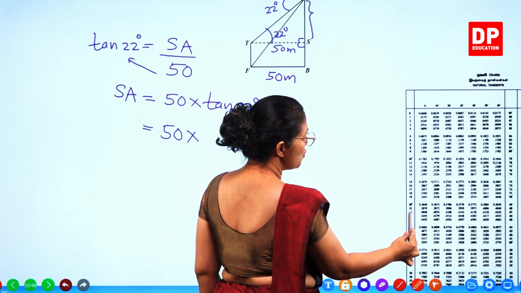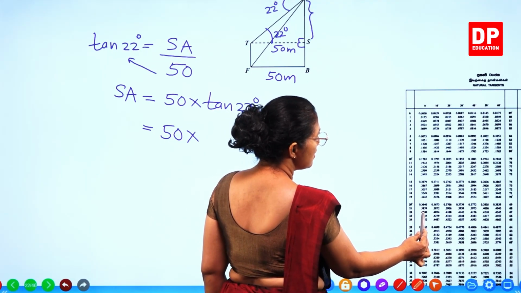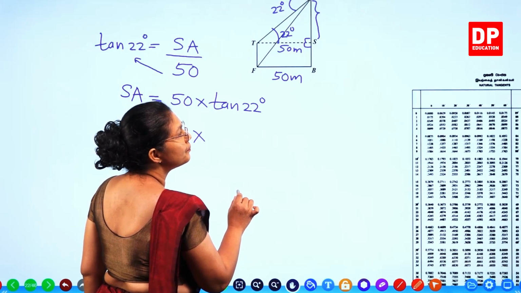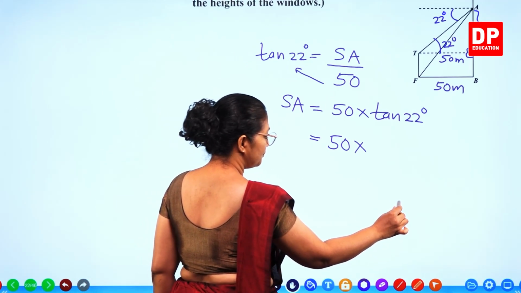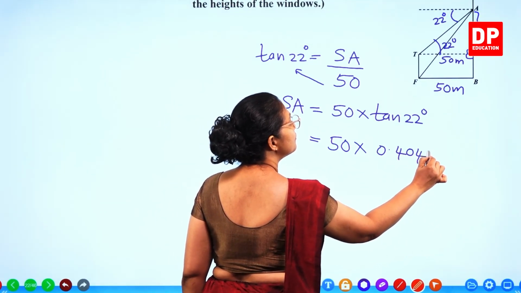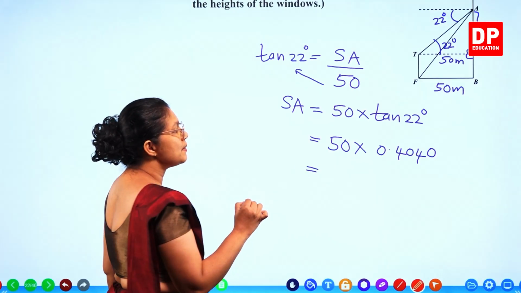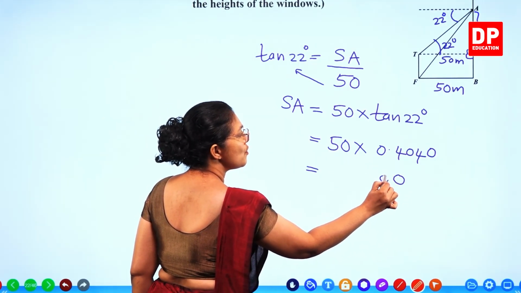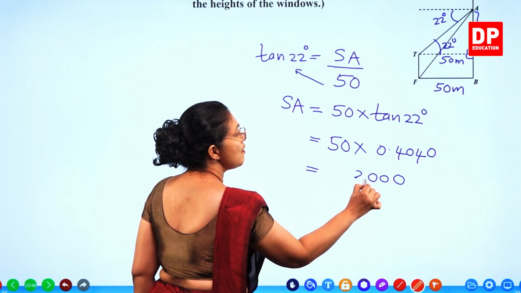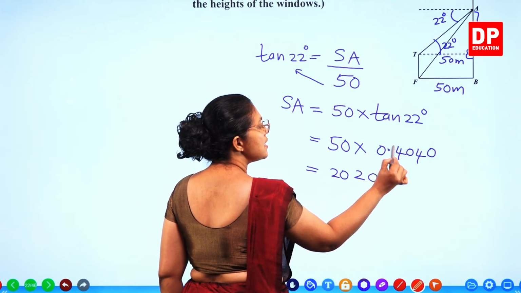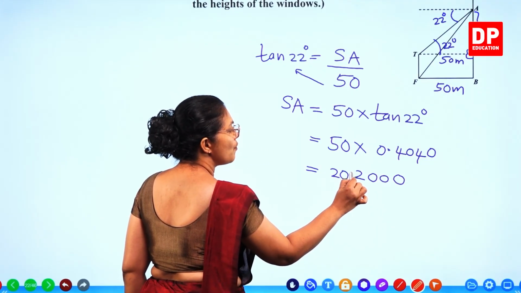So tan 22 is 0.4040. Now we'll multiply. Put 0 and multiply by 5. 5 times 0, 0. 5 times 4, 20. But we have to keep 4 decimal places: 1, 2, 3, 4.